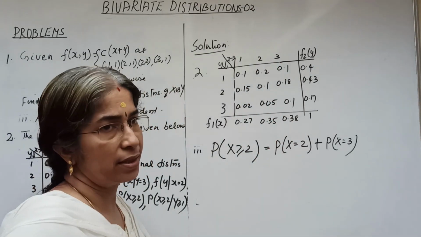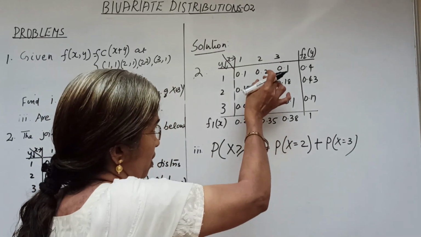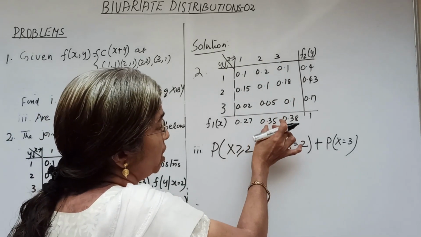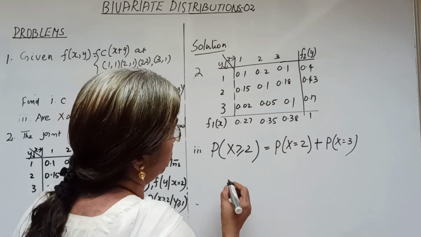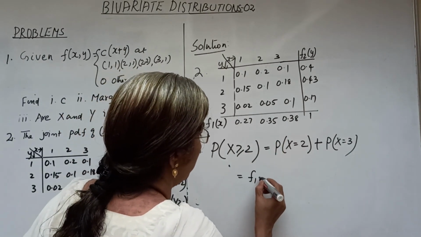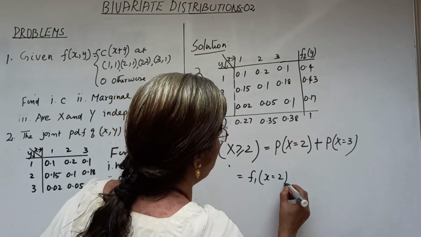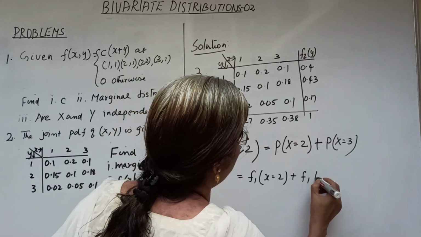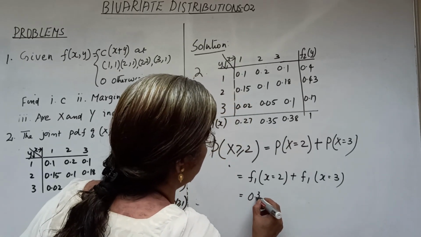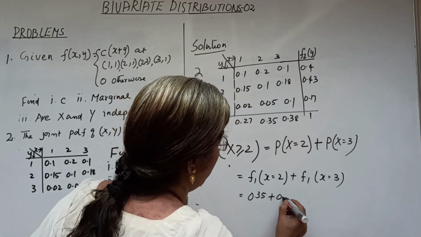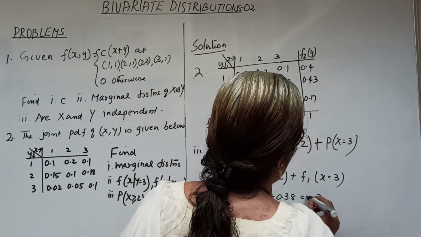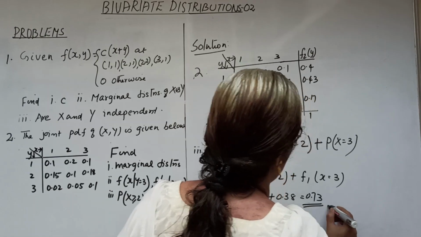That is, we have summed up the values of y and obtained f1 of x equal to 2 plus f1 of x equal to 3. So it is simply equal to 0.35 plus 0.38.